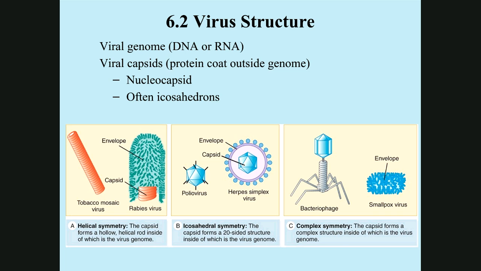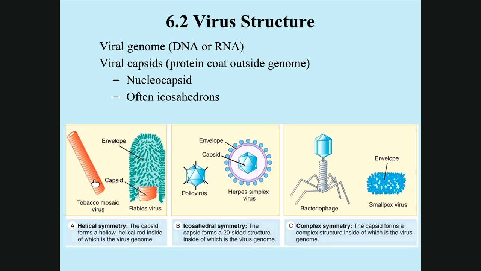What we can see here are some of the different shapes of the capsids. Okay, they're protein coats. This red swirly capsid is called a helical protein coat. And it is just like a really tightly wound slinky, kind of.